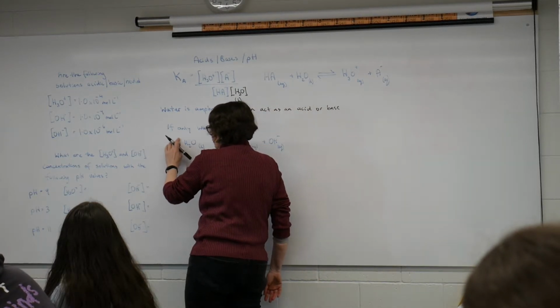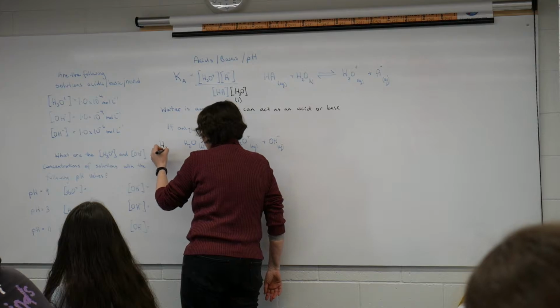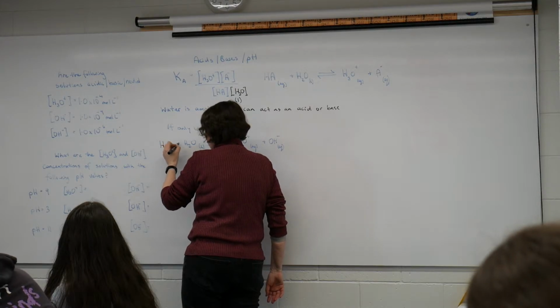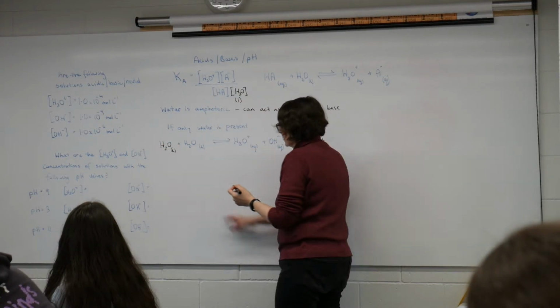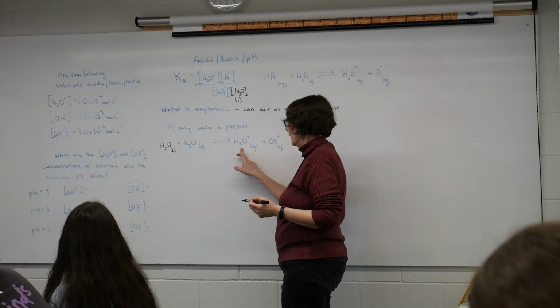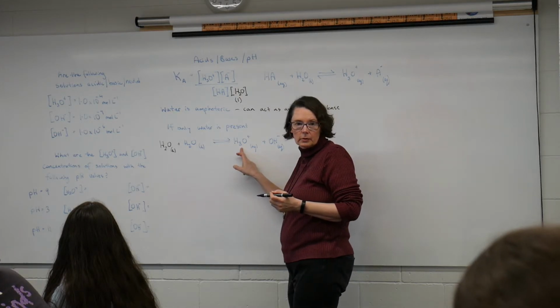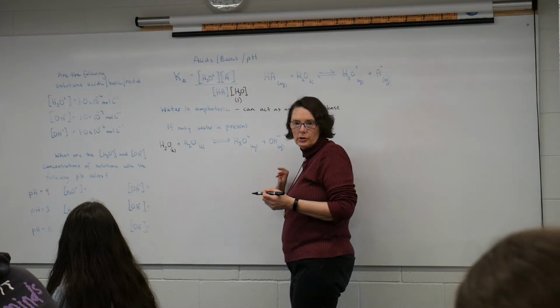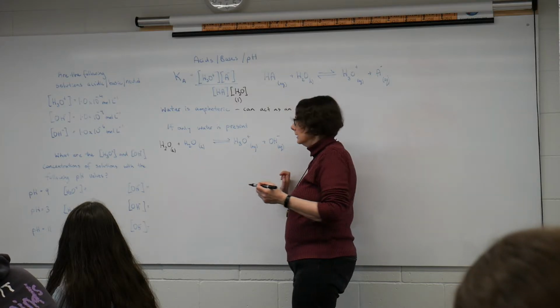If I, instead of having my 2 there, write another H2O over here, I can see that one has accepted a proton and the other one has donated a proton, hasn't it?